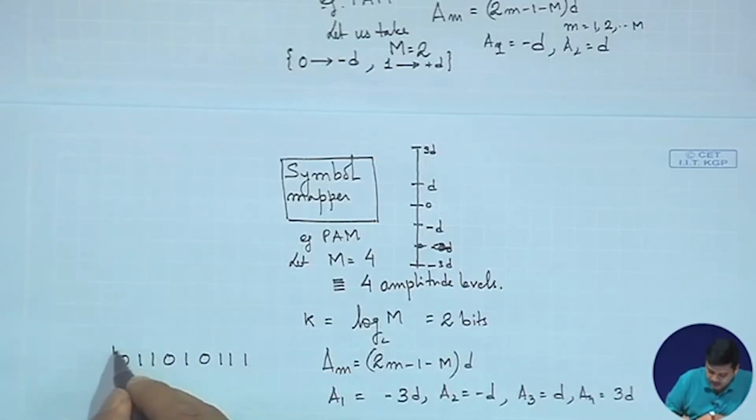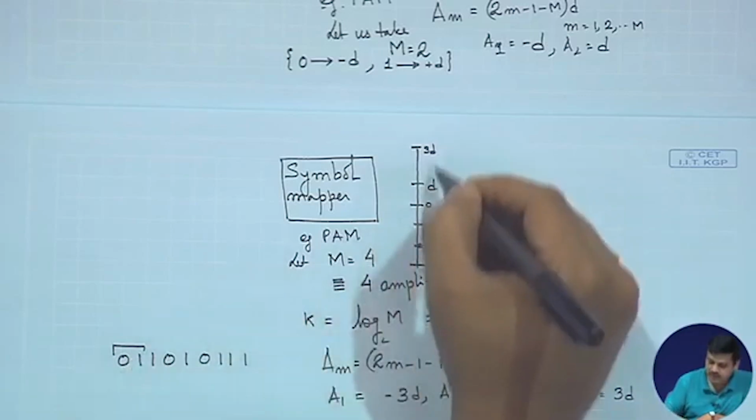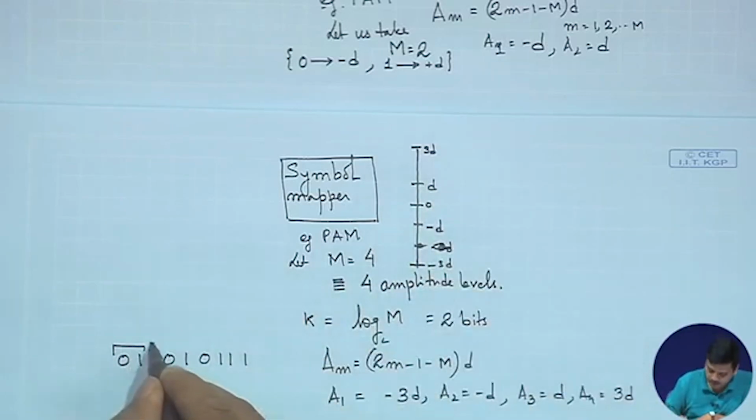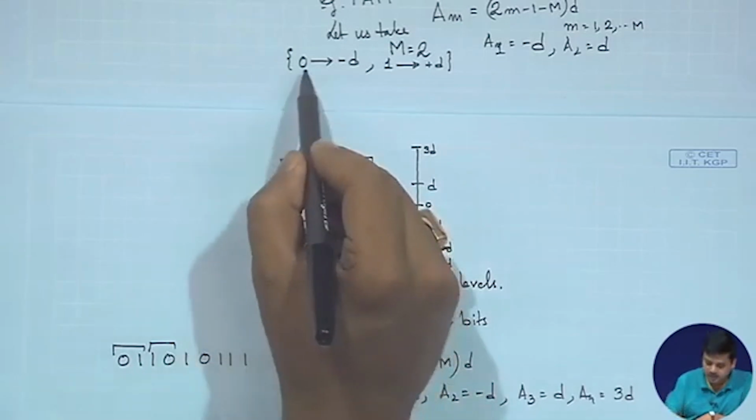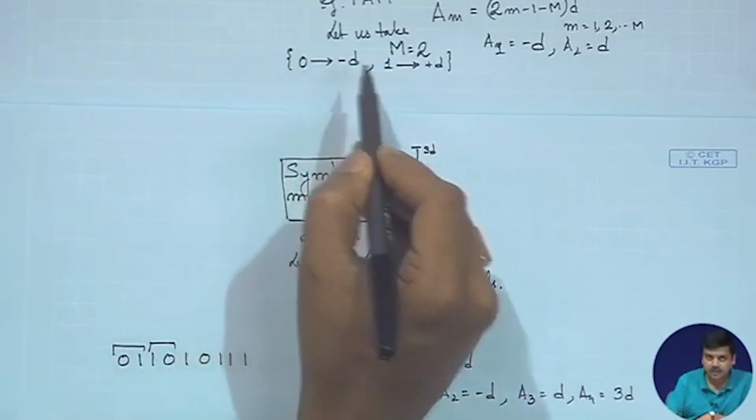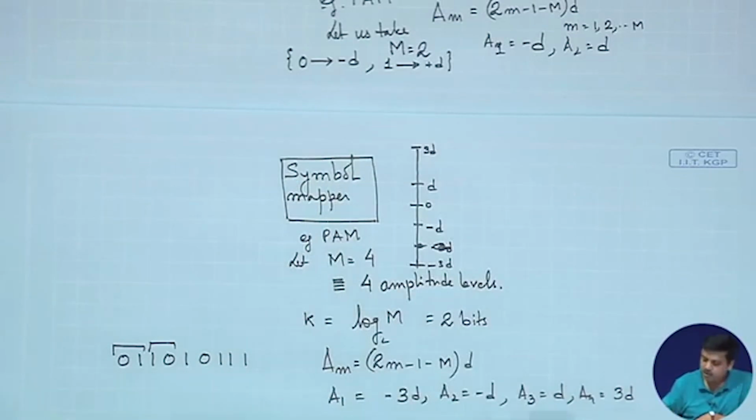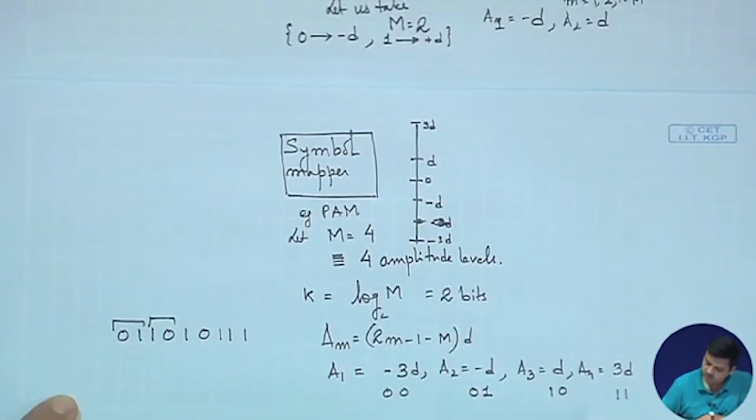I would take 2 bits, and these 2 bits have to be used in selecting an amplitude. In the previous case, we have seen 0 would map to minus d, 1 would map to plus d. So, we could find a similar mapping. We could say 0 0 would map to this amplitude, 0 1 would map to this, 1 0 would map to this, and 1 1 would map to this.